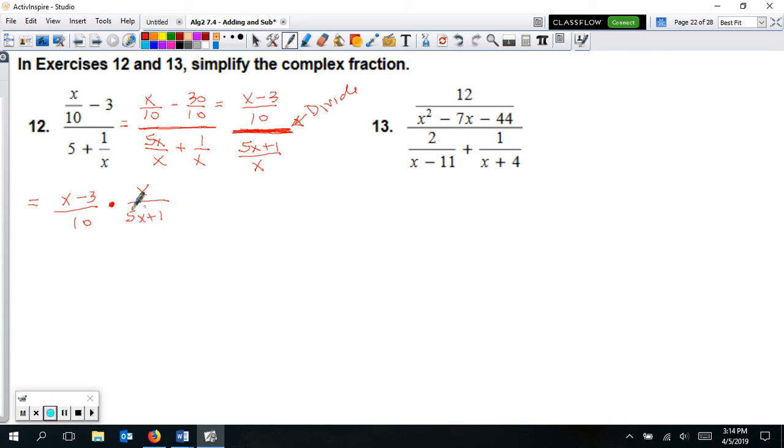And so now we can multiply across the top and across the bottom. If we could cross cancel, we would do that, but I don't see anything we can cross cancel. So on this one, it's just going to be x times x minus 3. And just keep it in factored form. You don't actually have to multiply them. And then 10 times 5x plus 1. So that ends up being our answer.